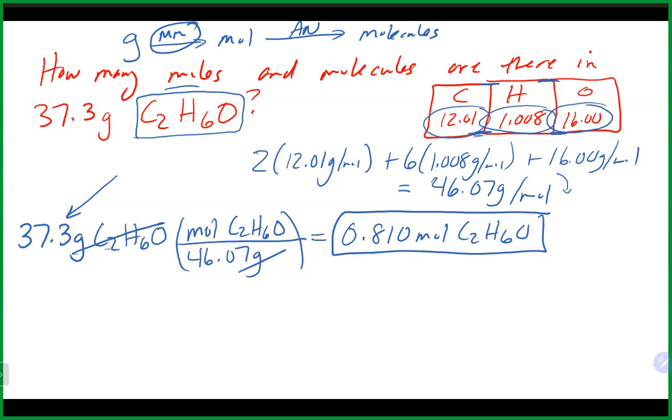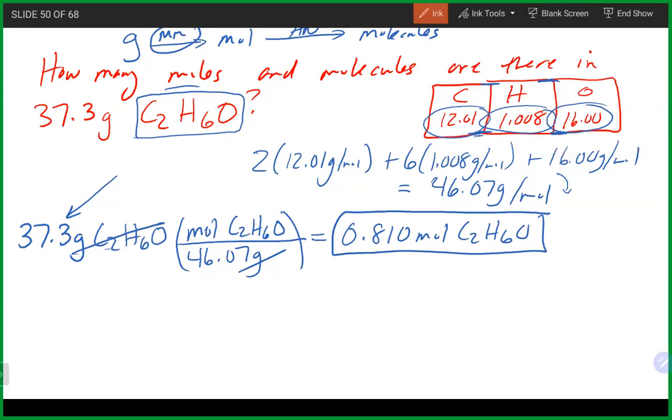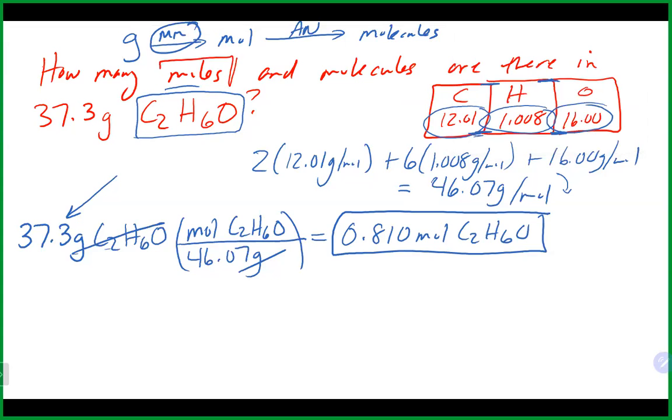So with that first calculation, it took us basically to here. So we do want to get to molecules now. So this is where our Avogadro's number is going to come into play. So I'll just use the rounded number here since I have it.